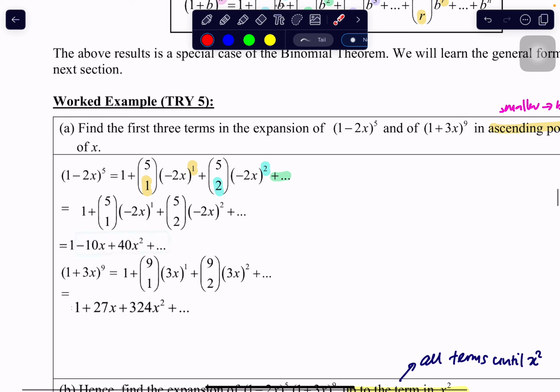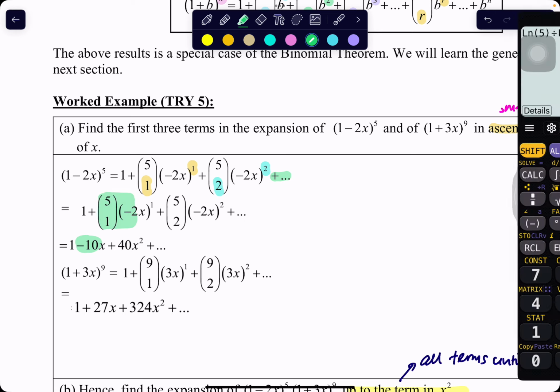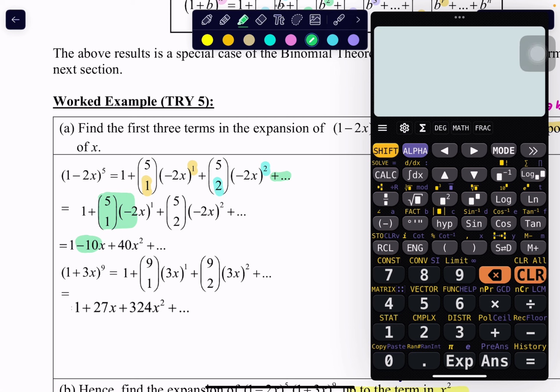We will simply simplify the coefficients. For example, how did we get negative 10? I'm just going to work this out using a calculator. I press 5 choose 1 multiplied by negative 2, and that gives me negative 10.